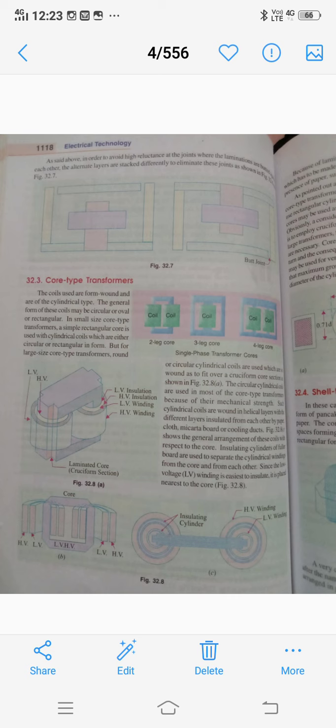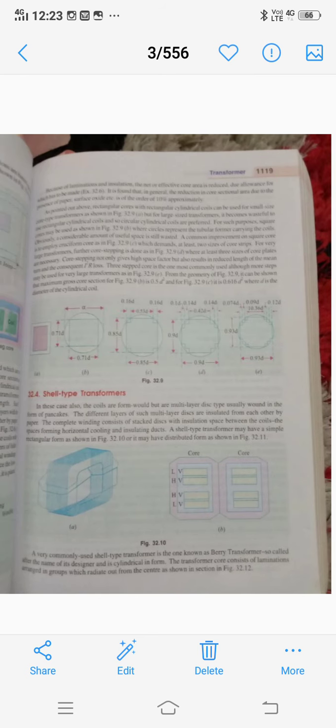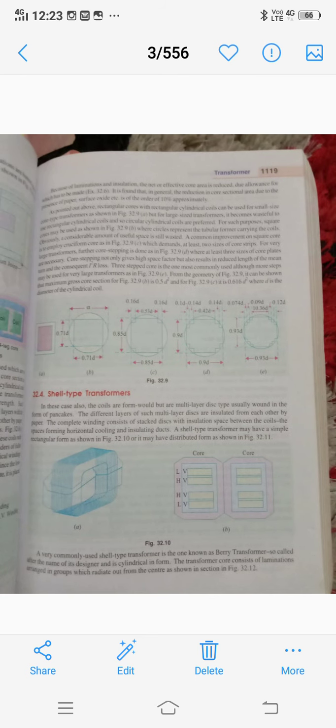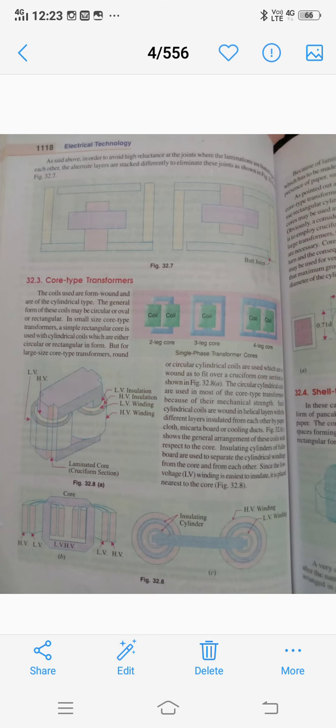Now there is one more classification of transformer: core type transformer and shell type transformer. This is the manufacturing classification, depending on how the transformers are manufactured.